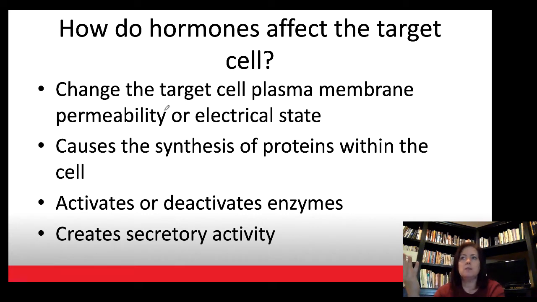And sometimes we see opposite effects of the same hormone depending on the target cell. Like the same hormone in one target cell could activate an enzyme. In a different target cell, it could actually deactivate an enzyme. So it really depends on the effects of the target cell. And then also hormones can create secretory activities within the target cells that they have an effect on.